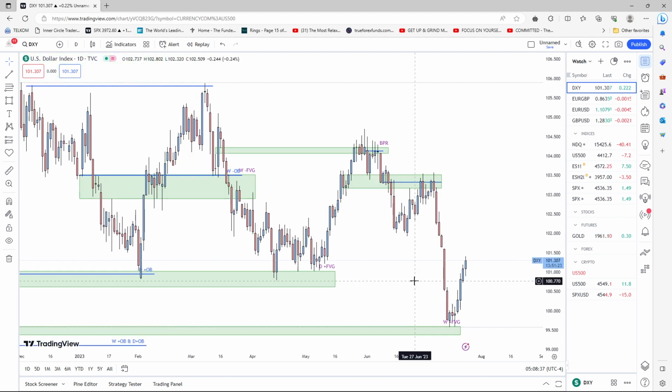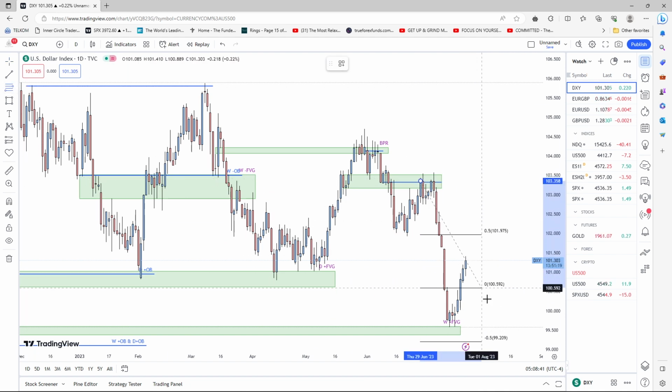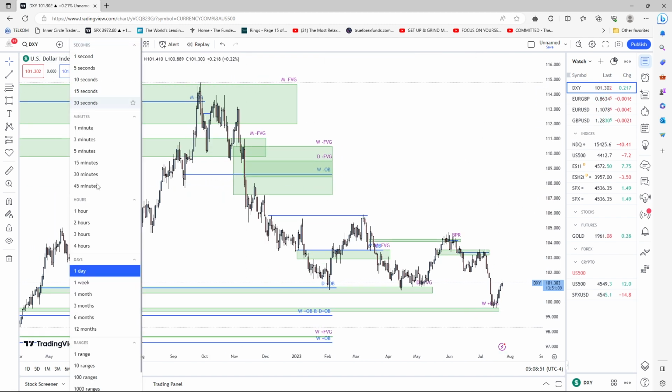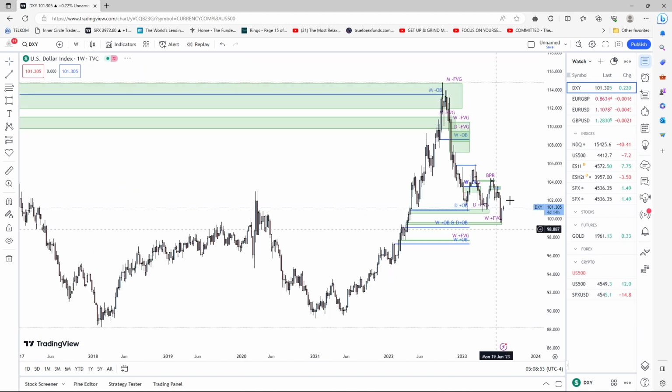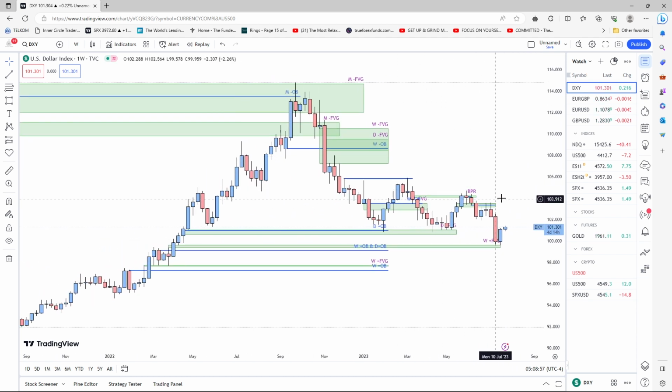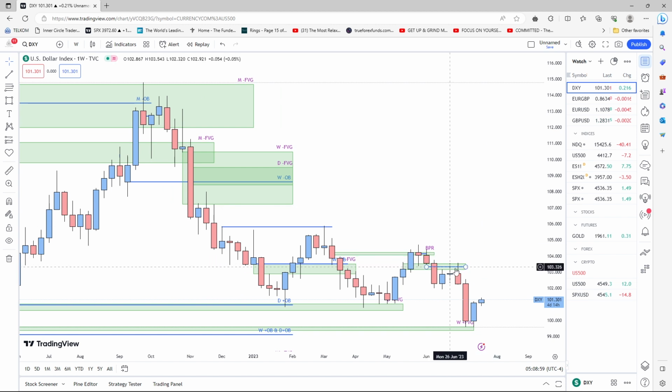It's reaching back above 50% for a premium array before it can continue its downtrend or then show us signs of reversal if it wants to reverse back above these equal highs over here.